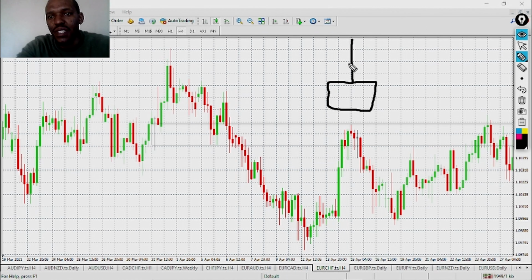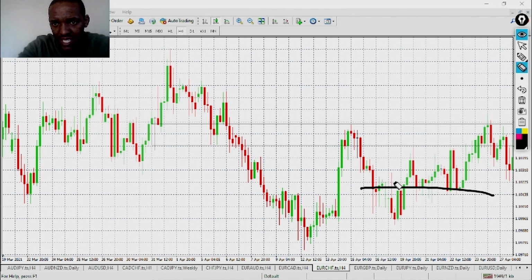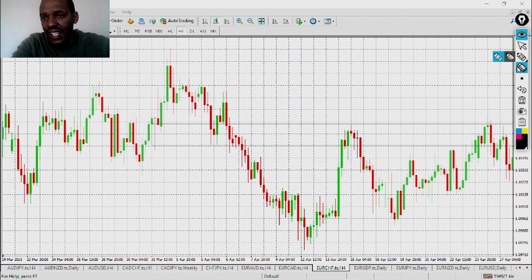As long as the wick is bigger than the body, that's it. Let's look at other ones. This is a shooting star. That's a shooting star. So I'm pretty sure that you guys understand what a shooting star is.